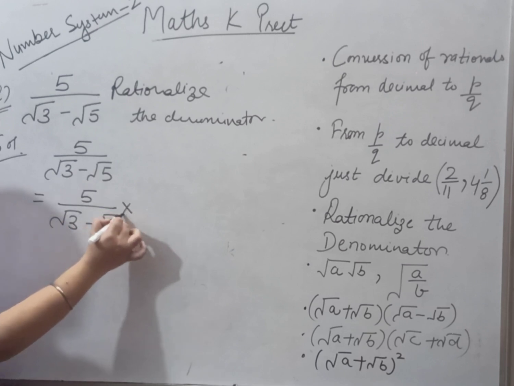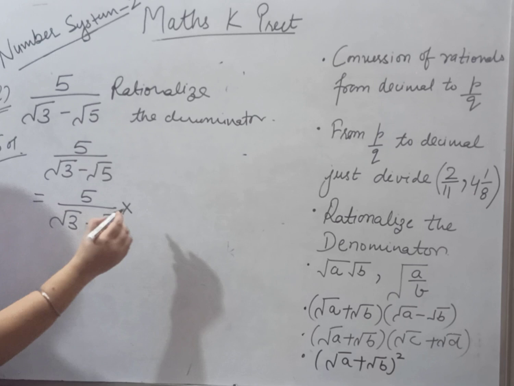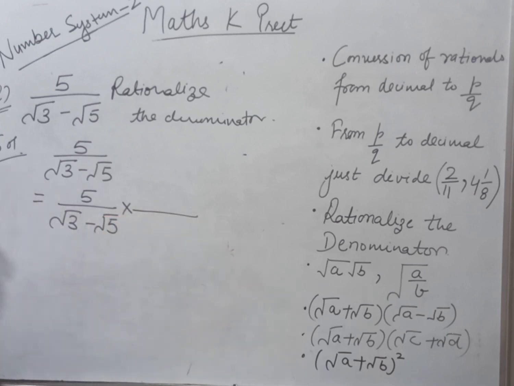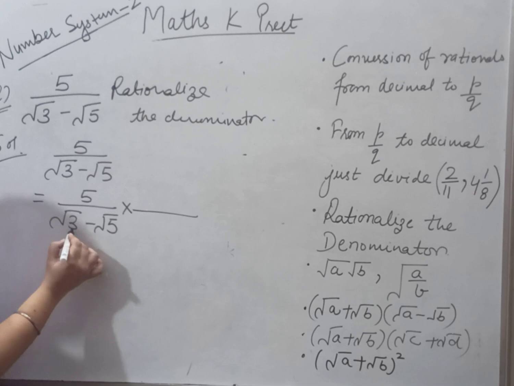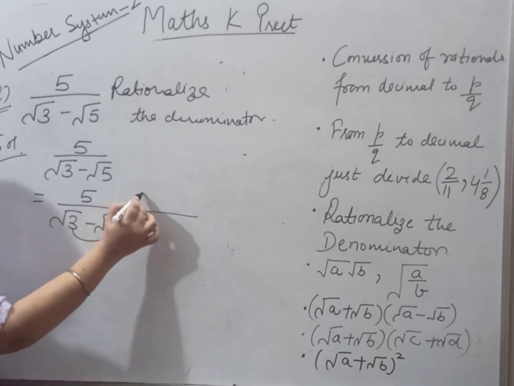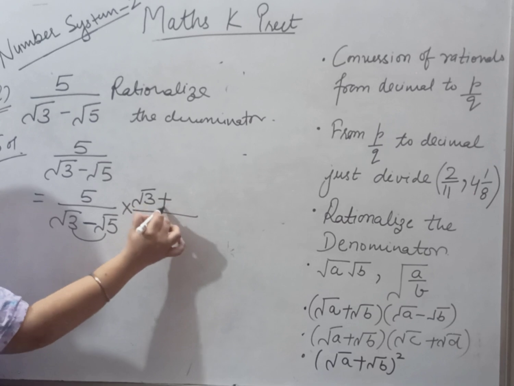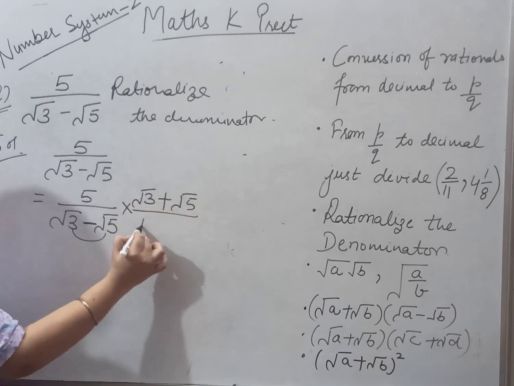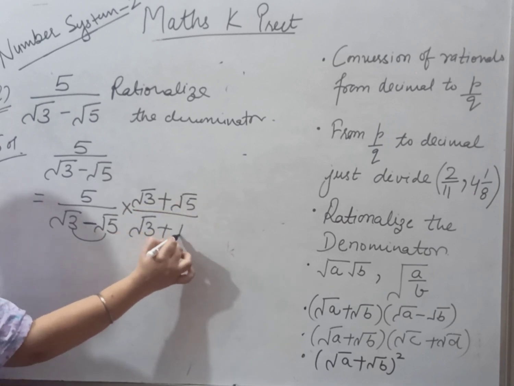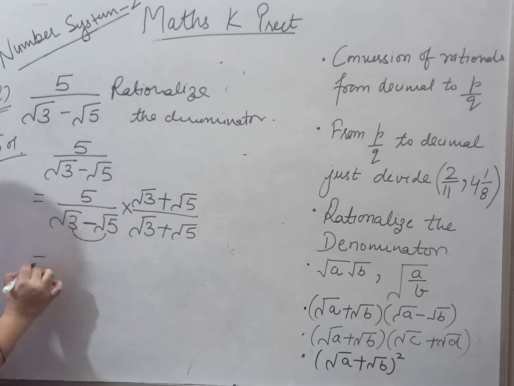We will multiply the numerator and denominator with the same number that is in the denominator, but with the opposite sign. So we will put a plus here.